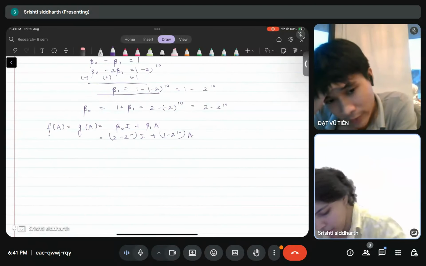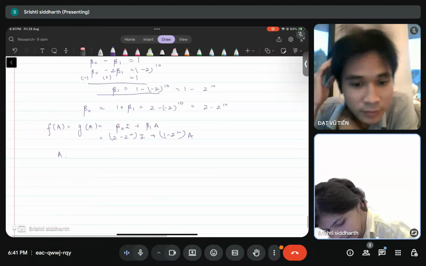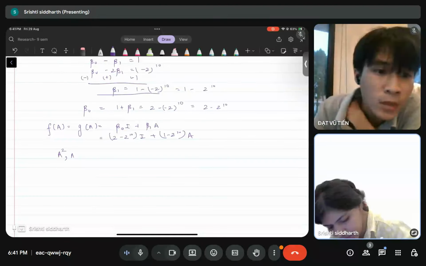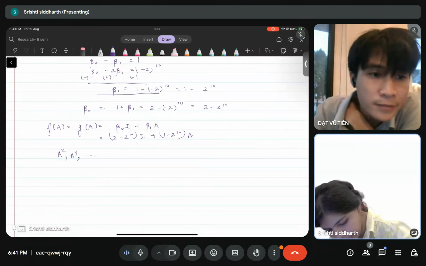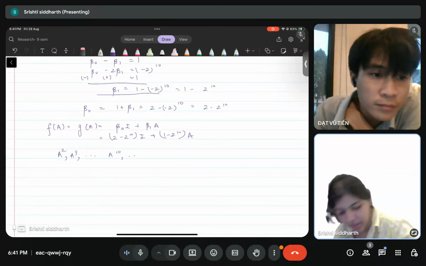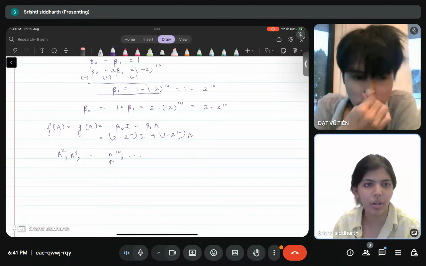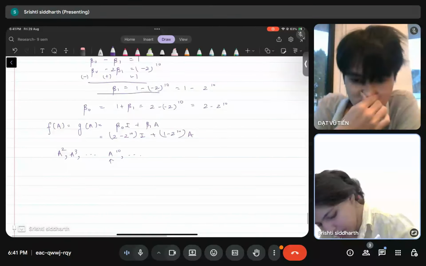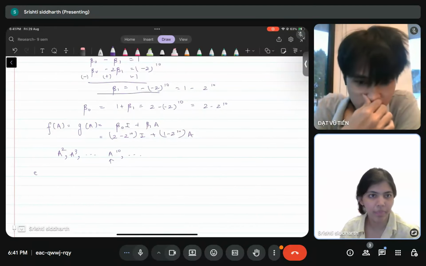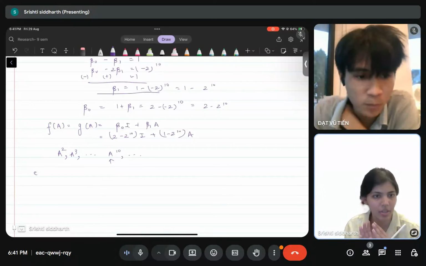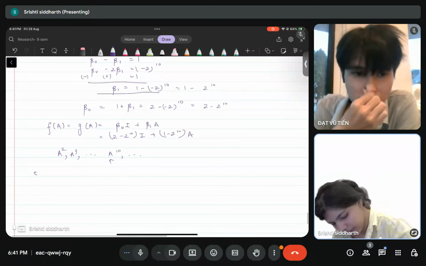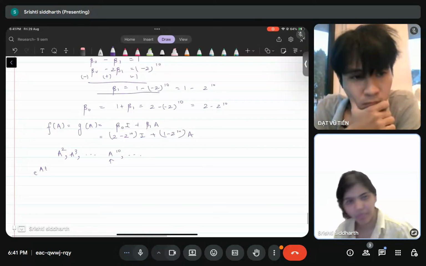Okay, so now you know how to calculate, so A is already known. Let's say A squared, A cubed, A to the power 10, and so on, right? You can just plug in that this is the polynomial and you can find out what this is. So if we know all the powers of A, theoretically, if we can just keep on computing these, then we know what this is, right?